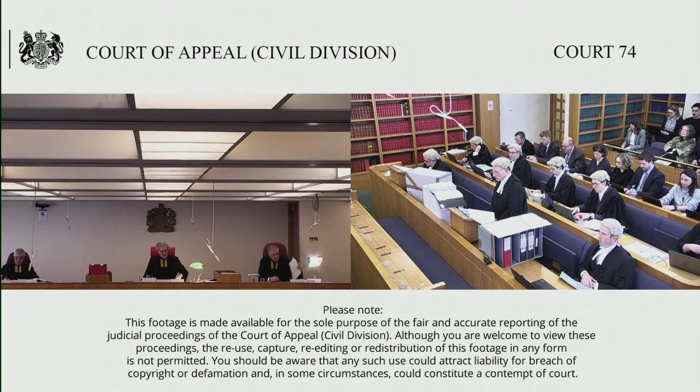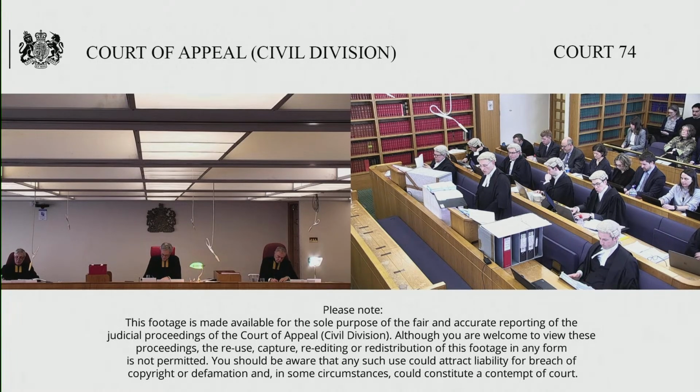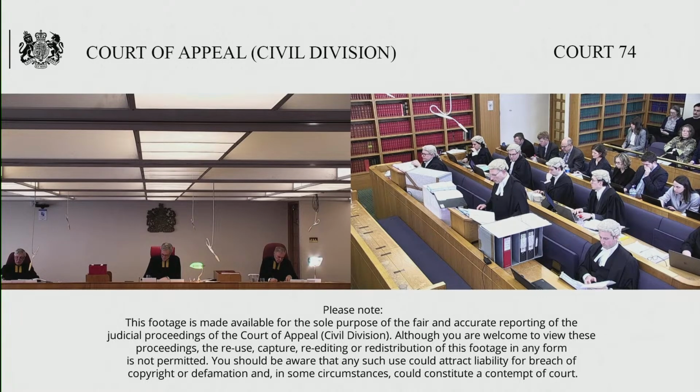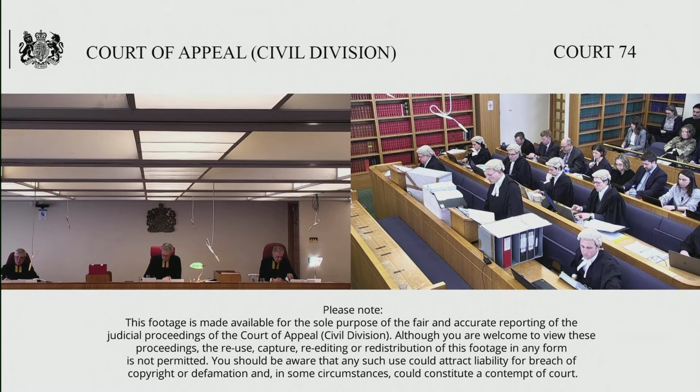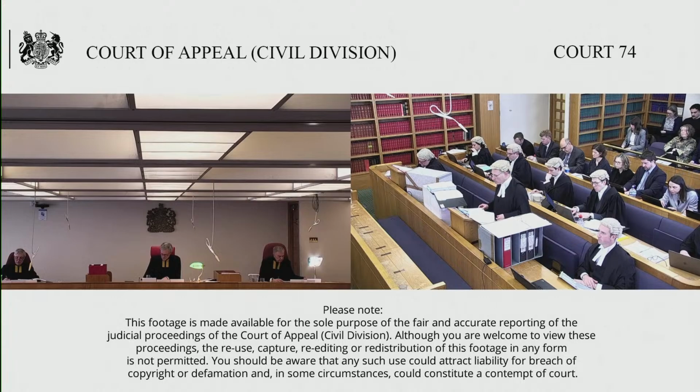Sorry, which paragraphs again? 76, 77 and 78. I won't take you to them at the moment. And the fourth reason they gave was consistency with the decision in Adriatic Land, meaning that section 124 and Schedule 8 were different routes to the same destination. That's paragraph 79 of the FTT's decision.